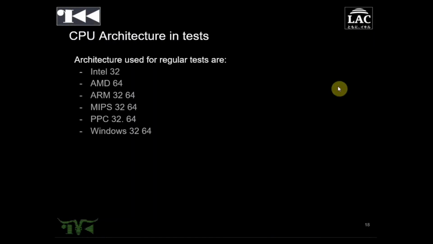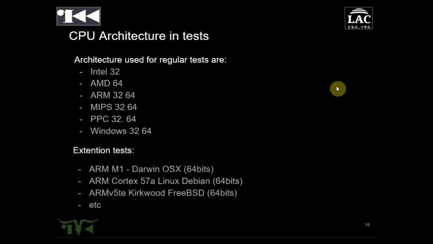For CPU architecture, I'm focusing on the most commonly used ones like Intel, AMD, ARM, MIPS, PPC, and Windows, and most of them support both 32 and 64 bit CPUs. We are also doing extended tests for the ARM M1 supporting the new OS X, and we are running many kinds of experiments with ARM.